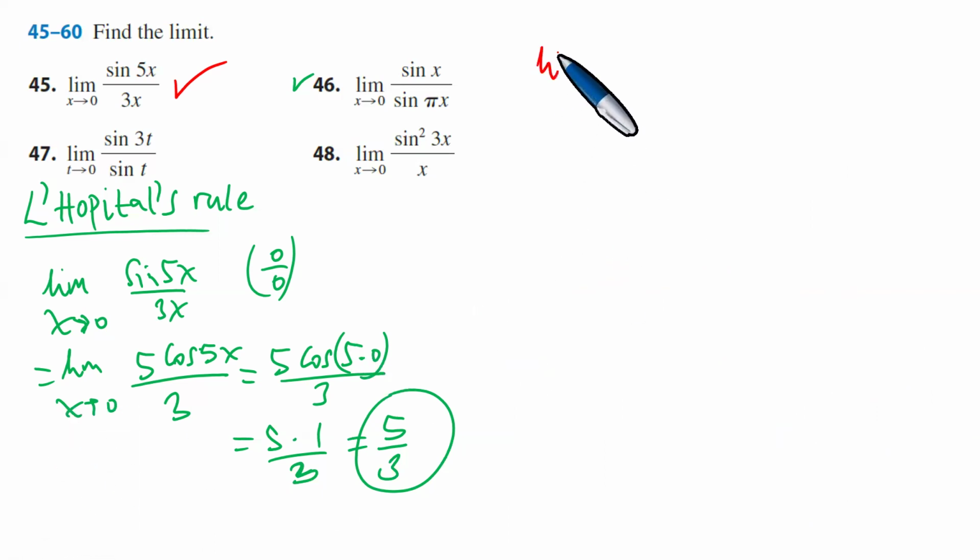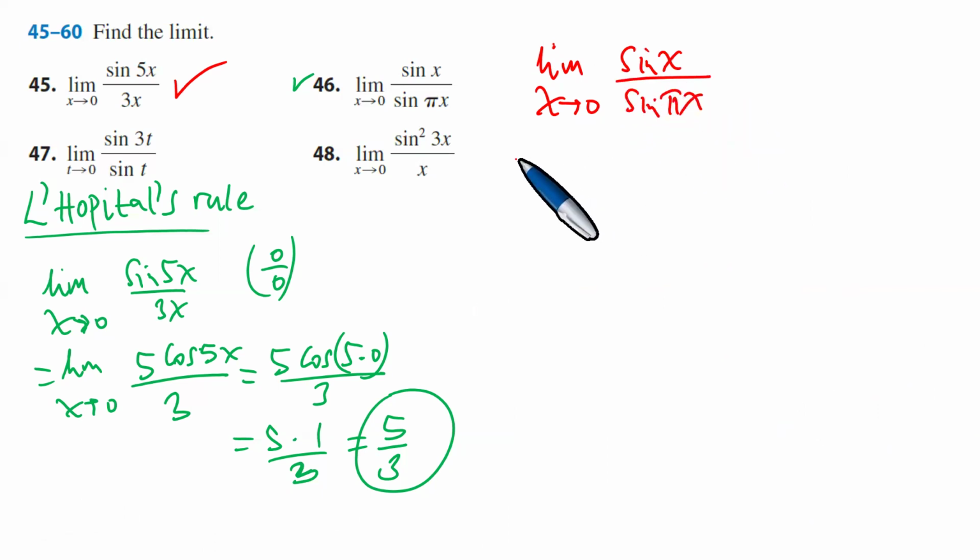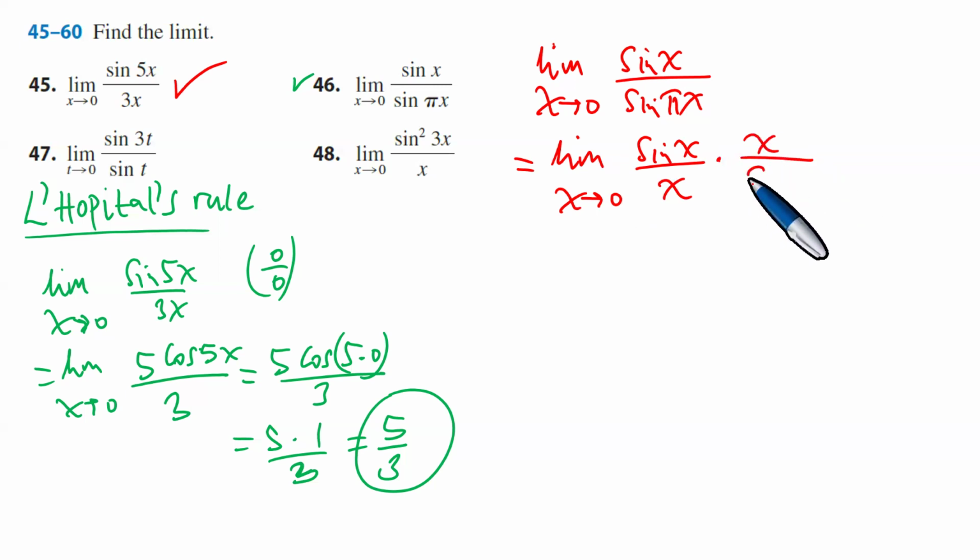We have the limit as x approaches 0 of the sine of pi x over the sine of x. So this is the way this question can be done, because x cancels x.